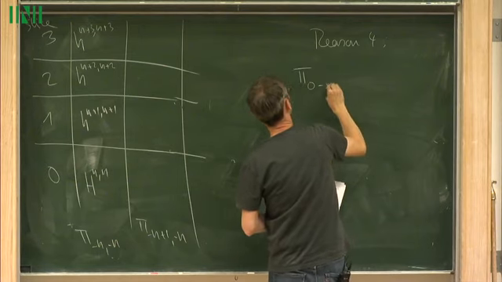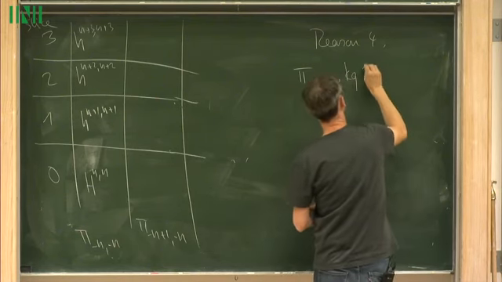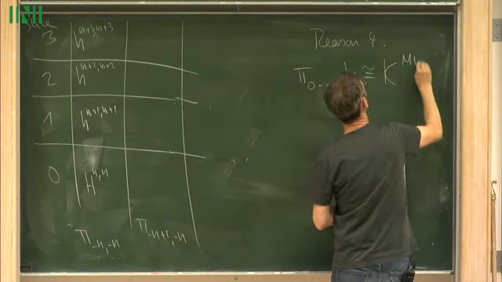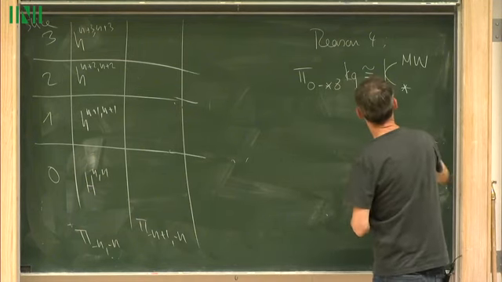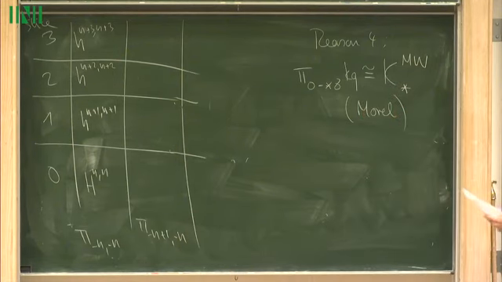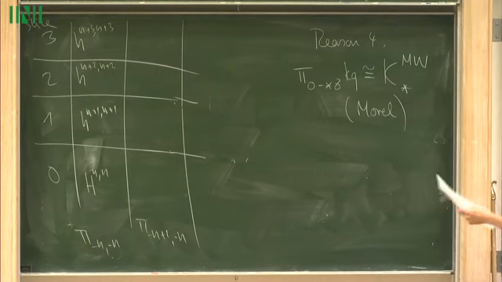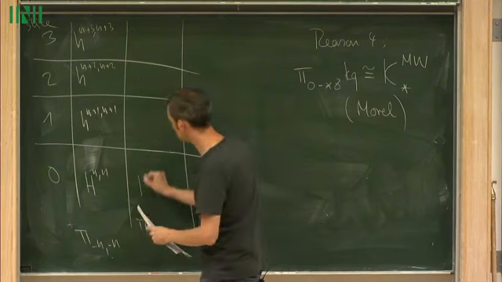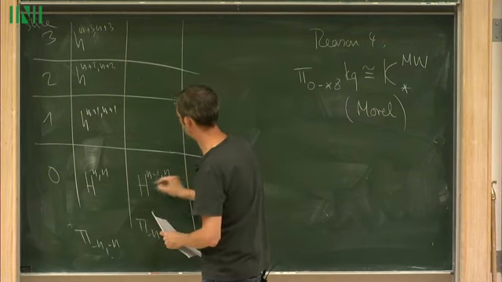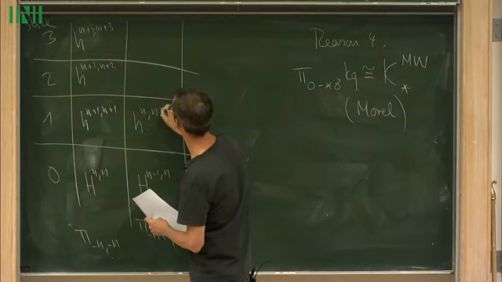Pi 0 minus star sigma of little kq is isomorphic to the Milnor-Witt K-theory of the field. Yeah, I have the minus sign. Okay, the next column starts with integral h n minus 1, n, and then you have this here.